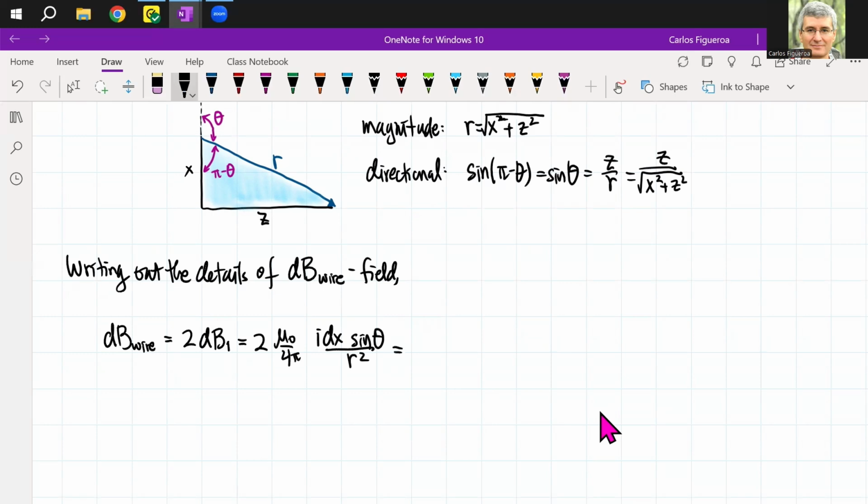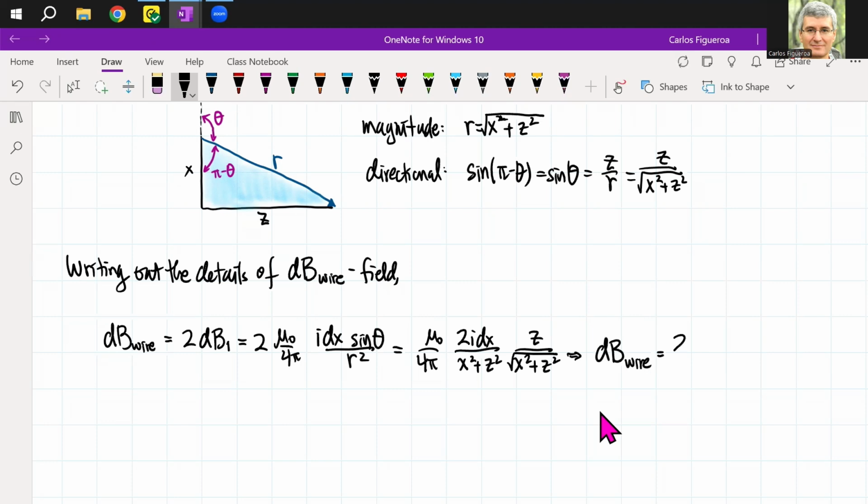If I now put in those details here, I'm going to get an expression that reads mu naught over 4 pi, times 2I dx, over x squared plus z squared. And then my sine term is z over the square root of x squared plus z squared. That tells me that now I have my magnetic field of the wire.